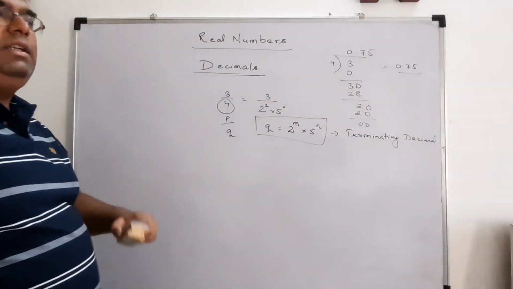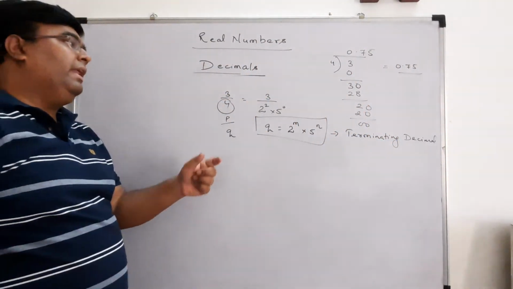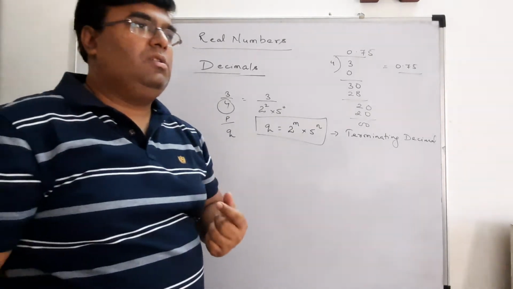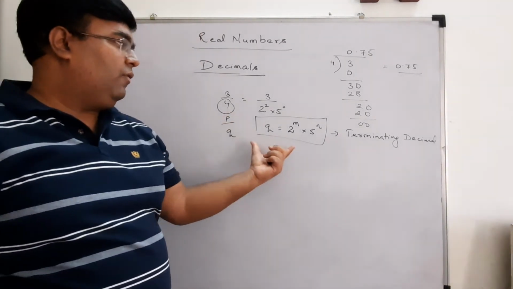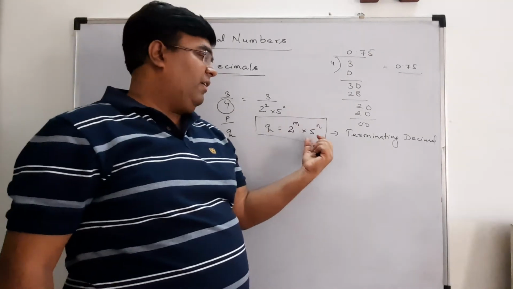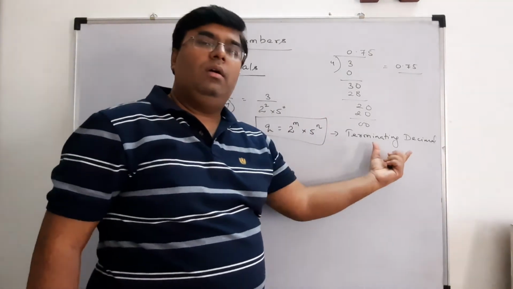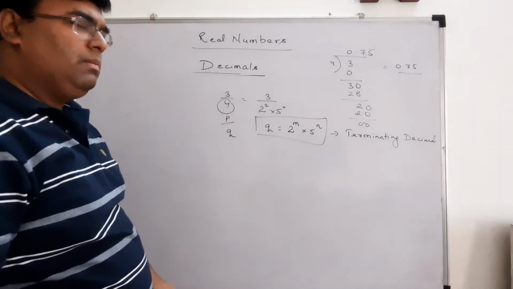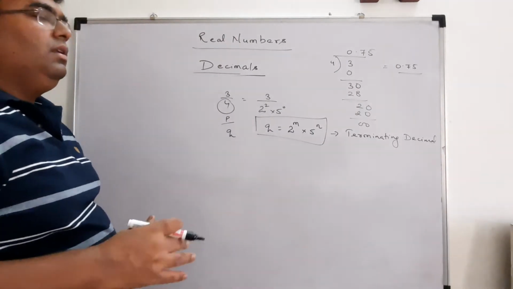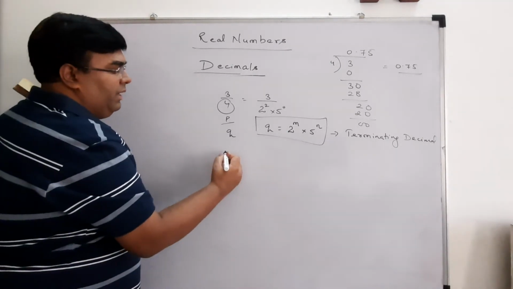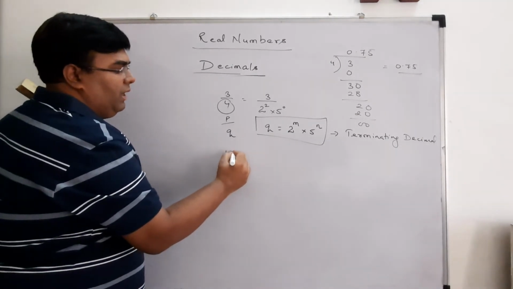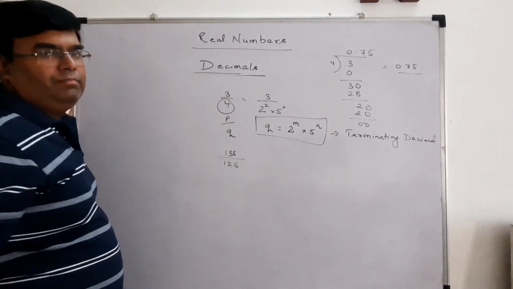It is terminating. So in any fraction or rational number, if the denominator is of the form 2 raised to m, 5 raised to n, it is terminating. A question comes like this: tell whether the fraction is terminating or not. We will get a bigger number like 135 upon, suppose, 126.